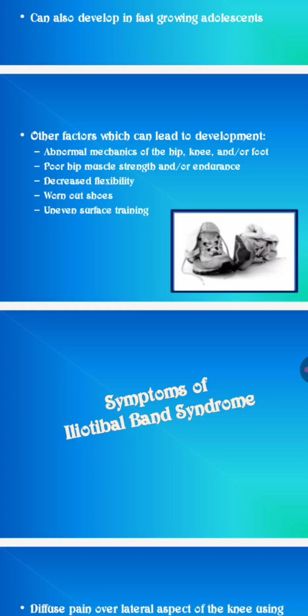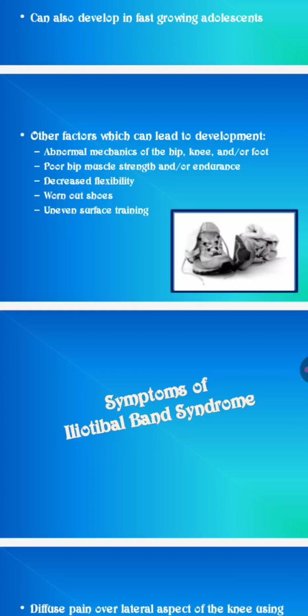So how to examine? Your main purpose is to examine the patient. The patient typically complains of a gradual onset of pain. The pain increases gradually, there is tightness and a burning sensation at the lateral aspect of the knee that develops during the course of a run. He will start running and he feels pain.